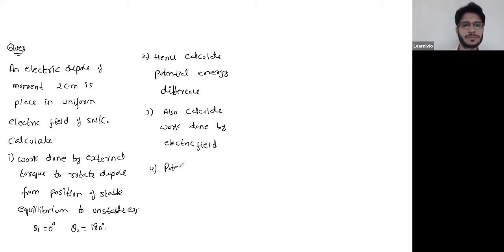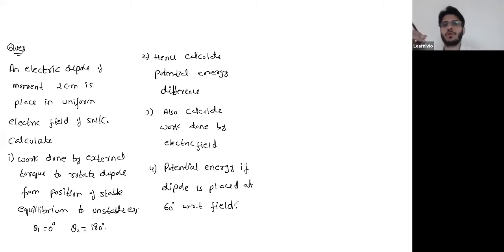And fourth, potential energy if dipole is placed at 60 degree with respect to field. You have to calculate potential energy if your dipole is placed at 60 degree with respect to field.